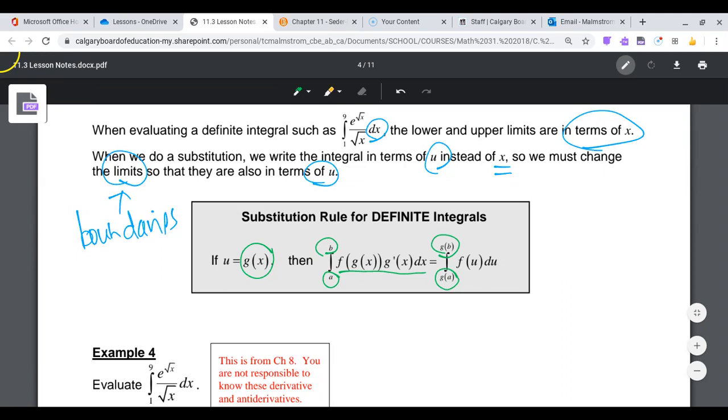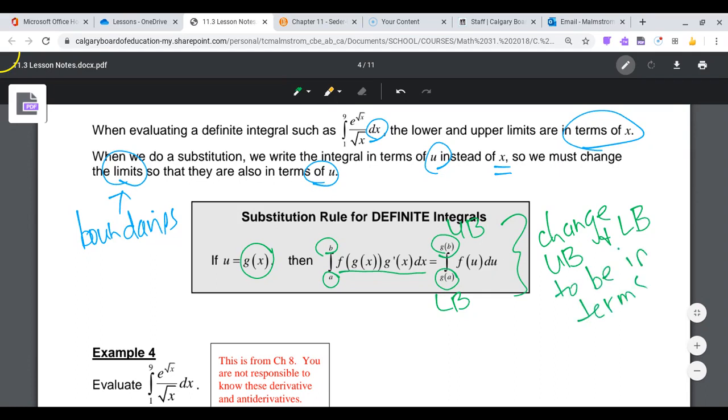We need these lower boundary and upper boundary to be in terms of u. So we need to change the upper boundary and lower boundary to be in terms of u. Okay, so we're going to look at how to do that in this question.